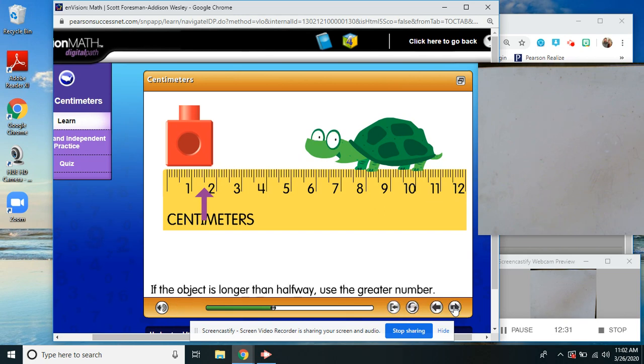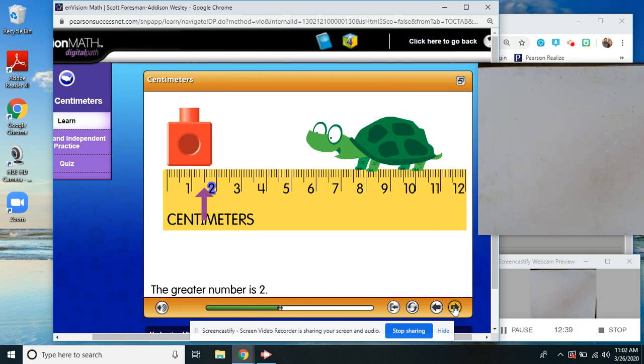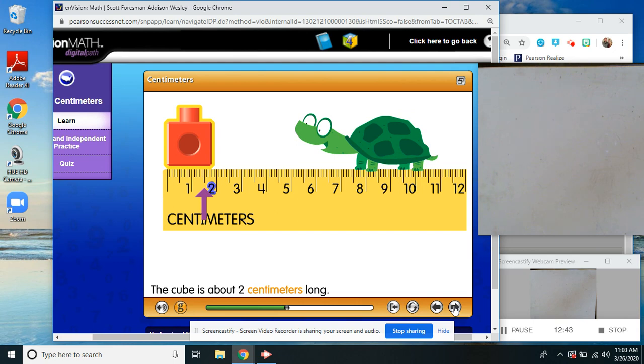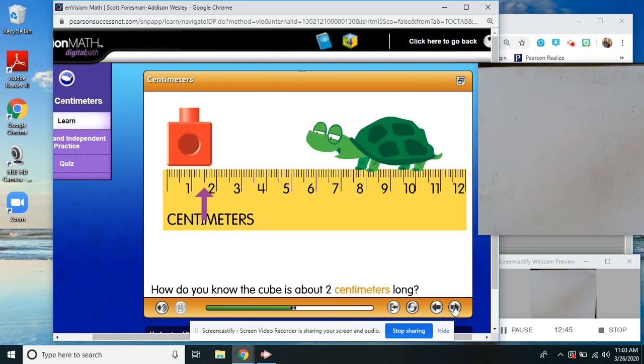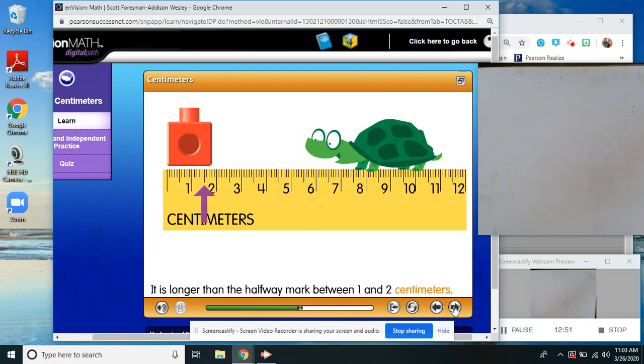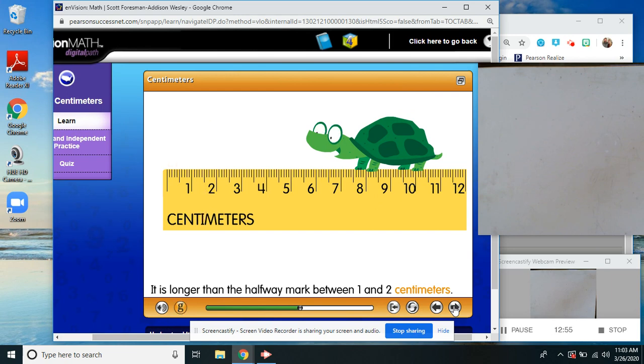If the object is longer than halfway, use the greater number. The greater number is 2. The cube is about 2 centimeters long. How do you know the cube is about 2 centimeters long? It is longer than the halfway mark between 1 and 2 centimeters.